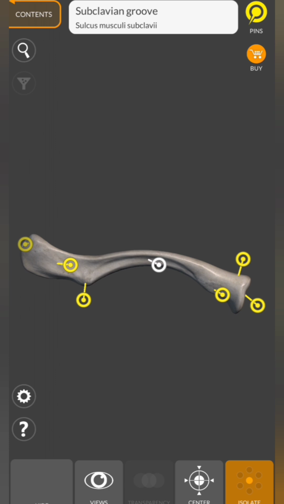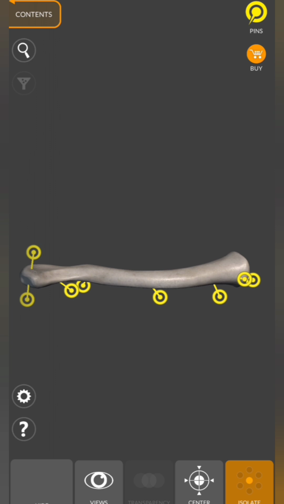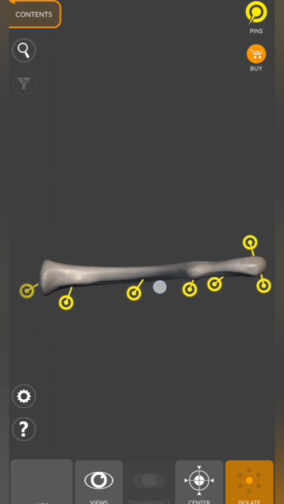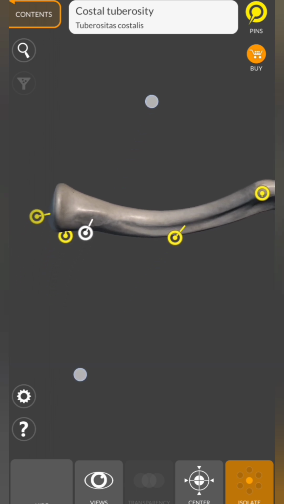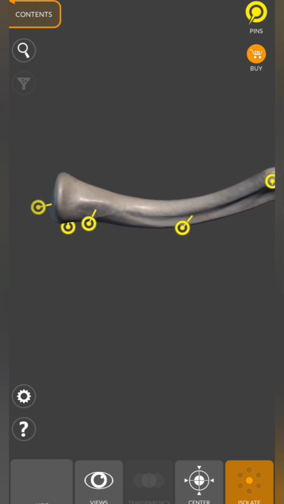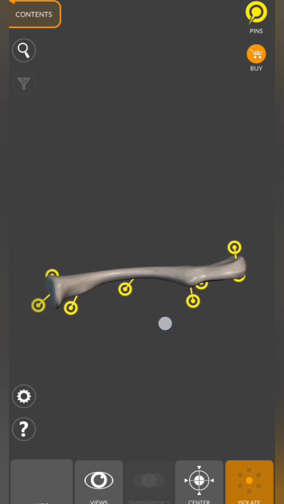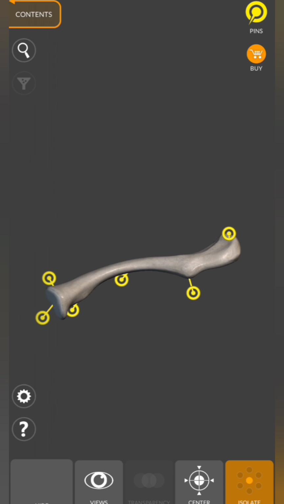This groove is used for the side determination of the clavicle. On the medial 2/3 of the shaft of the clavicle, there is a tuberosity named the costal tuberosity. These are the features of the clavicle bone.